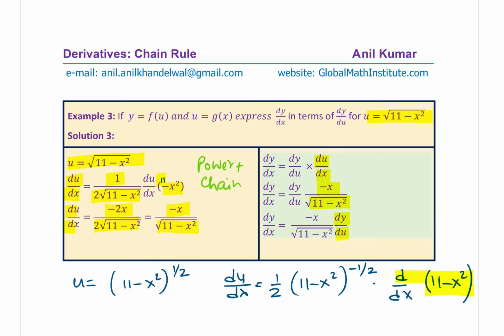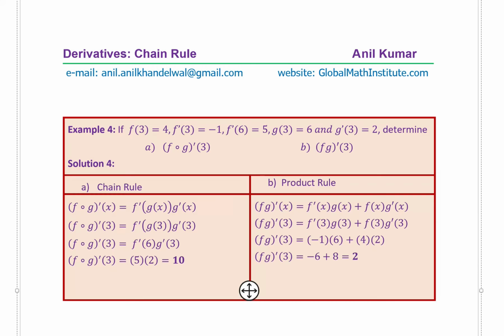So let's continue and now take up example number 4. This is from a previous test paper. It's a very important question. I'd like your full attention to understand the question and then solve it.